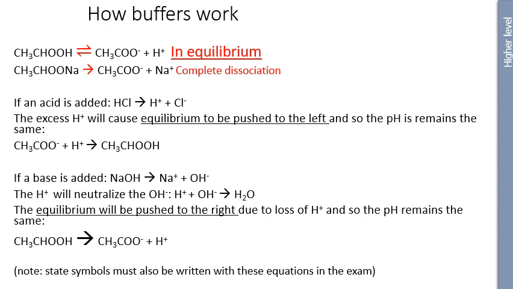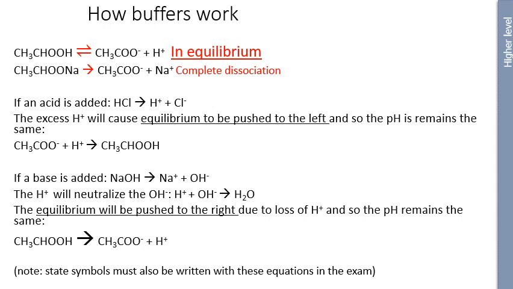So how do buffers work? Well, basically you've got two reactions working simultaneously. The first is the equilibrium, where the weak acid is in equilibrium to form the associated conjugate base and protons, and the sodium salt form of the conjugate base goes completely into solution to form the conjugate base plus a sodium ion.